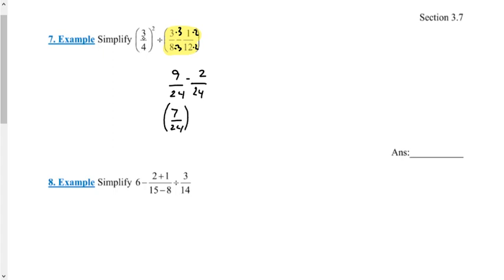The second thing to do would be this, my exponents. I know I have a division sign here, but this one right here says 3/4 squared. So I got to do this part next, this 3/4 squared. And of course, 3 squared and 4 squared, that's going to make 9/16. So I get 9/16 divided by 7/24.